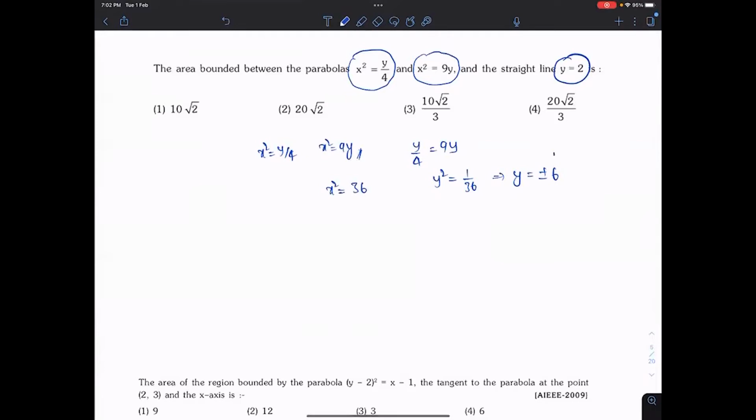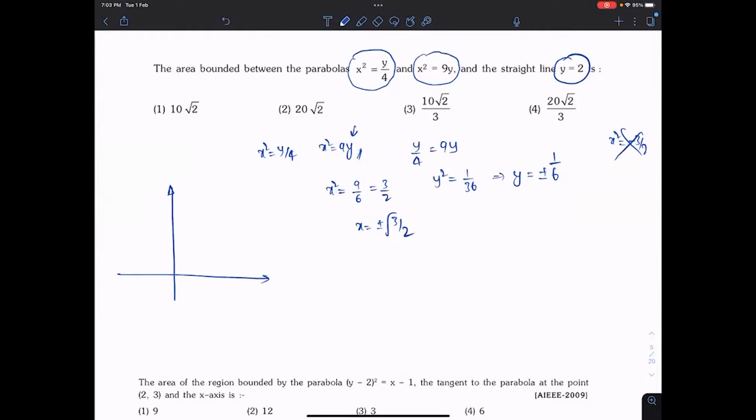Sorry, not plus or minus 6, plus or minus 1 by 6. So if you put y as 1 by 6, then x square equals 9 by 6, which is 3 by 2. x will be plus or minus root 3 by 2. Now if I start drawing, you can't substitute minus 1 by 6, because if you put y as minus 1 by 6, you will get x square as minus 3 by 2. Not possible, no? Okay.